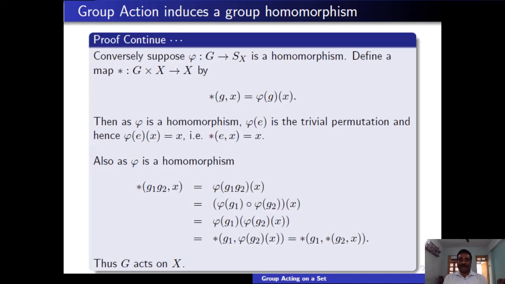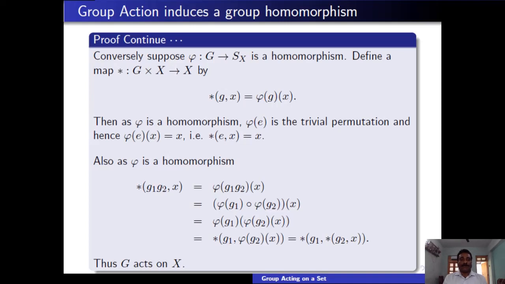Because phi is a homomorphism, phi of e is the identity element of S_X. That means it is a trivial permutation, that means phi of e of anything is equal to that thing itself. Therefore, for any x belonging to X, phi of e of x is equal to x. That means star of e comma x is equal to x.